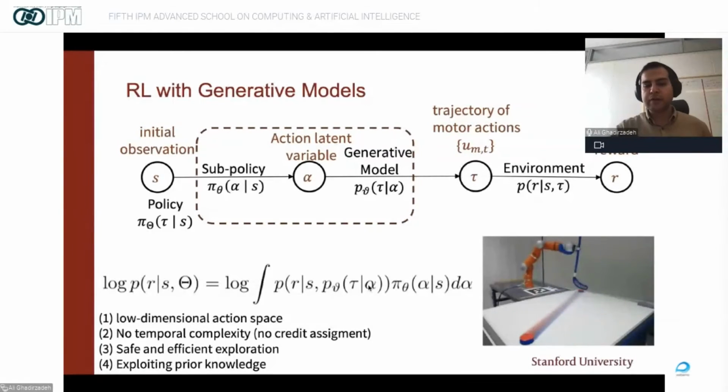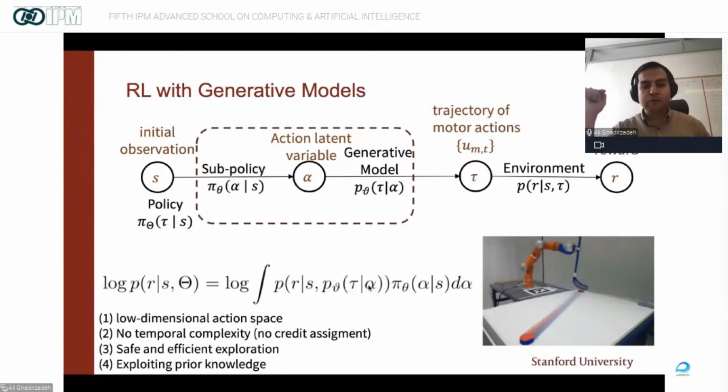The first reason is that now we have to deal with low-dimensional action spaces. We don't need to work with high-dimensional trajectories anymore. Another interesting thing is that we don't have temporal complexity anymore. Before, we had a sequence of motor actions, but now we're only working with a 2-3 dimensional or even 5-dimensional latent variable.